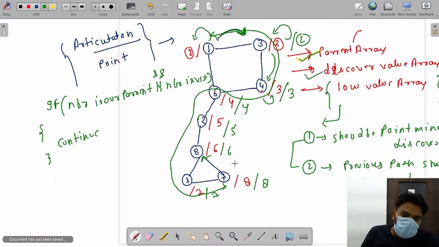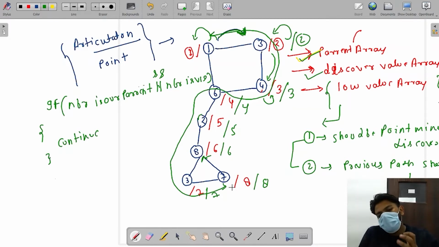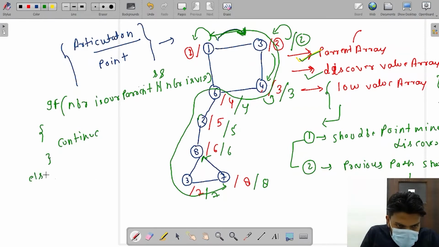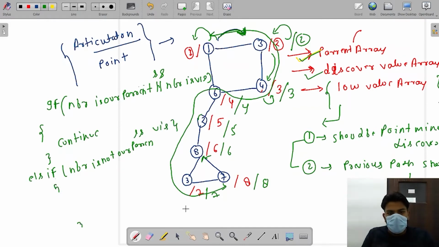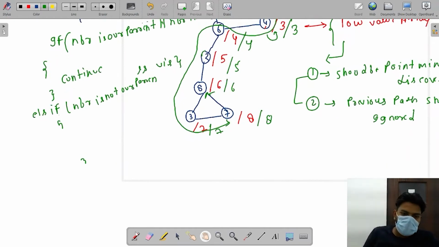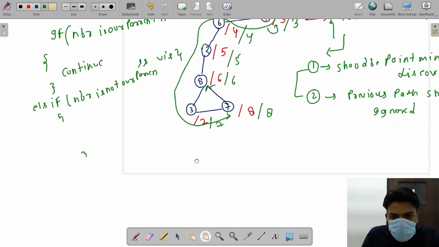But after that, we check when our neighbor is visited and the neighbor is not our parent. In this condition, else if our neighbor is not our parent and it is visited, at this stage what do we have to do?